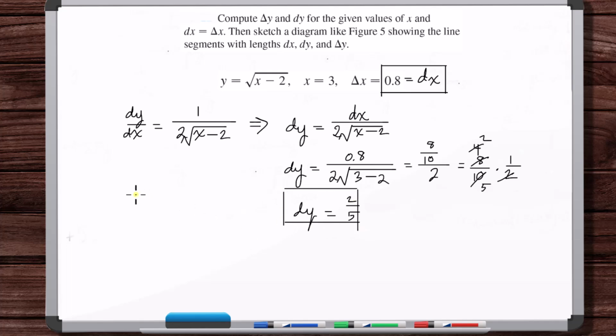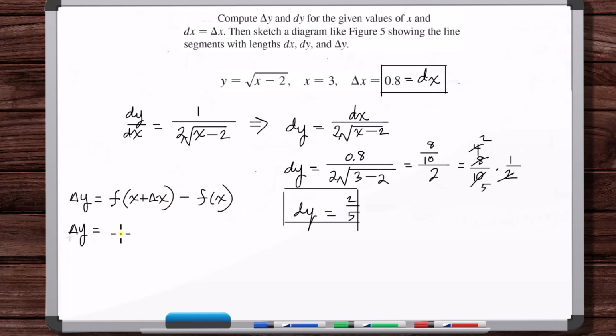All right, now we just need delta y. So delta y is f of x plus delta x minus f of x. What is f of x plus delta x?